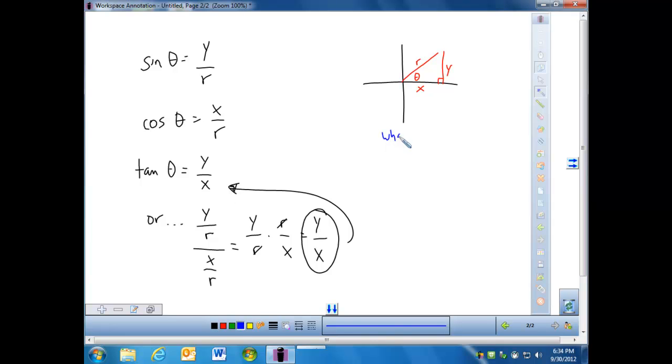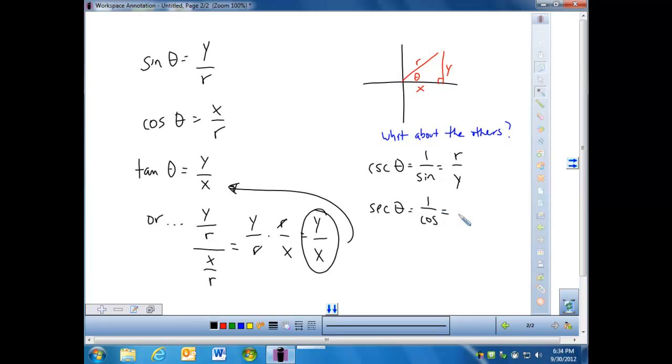So let's apply this idea now to the 3 new trig functions: cosecant, secant, and cotangent. Remember, those are reciprocals of these first 3, so it shouldn't be too hard for you to figure out what those are going to look like. So instead of having y over r for sine, we'll have r over y for cosecant.